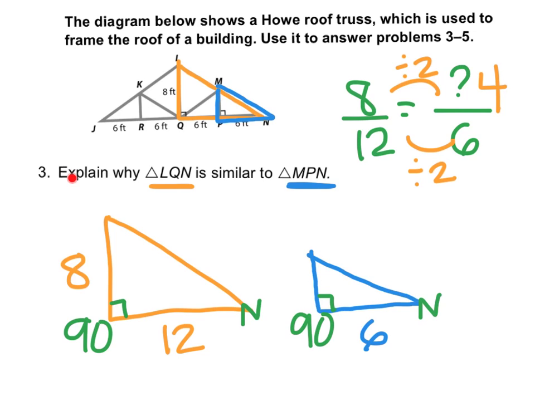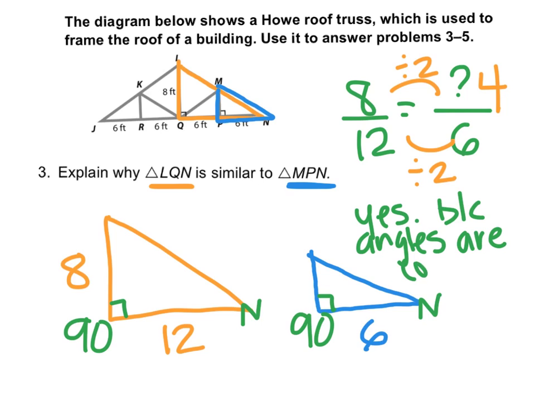If we look back at the question, it says explain why they are similar. So in the end, really what I want to say is a sentence. I'm going to say yes, because angles are congruent.